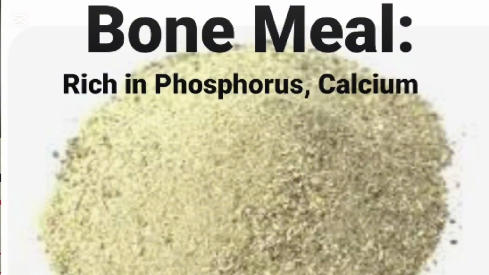The bone meal is rich in phosphorus and calcium. Phosphorus is very important for root development in palm seedlings and equally for cell division, which brings about general growth in palm seedlings. And it is equally important in photosynthetic activities.